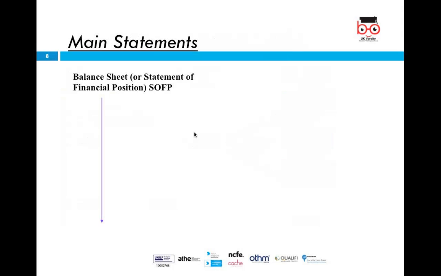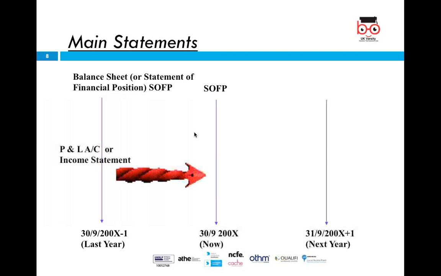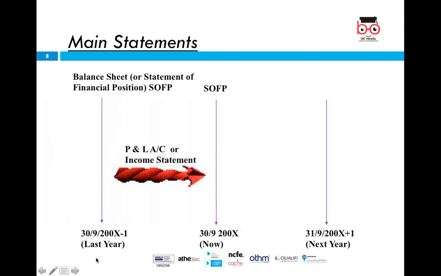So mainly, we need the statements for consecutive years: the balance sheets, or the statement of financial position, for last year, and then this year, if we want to make any comparison. For example, if you have last year's statements, then we can compare them with this year, and then we can project our expenditure for the next year.